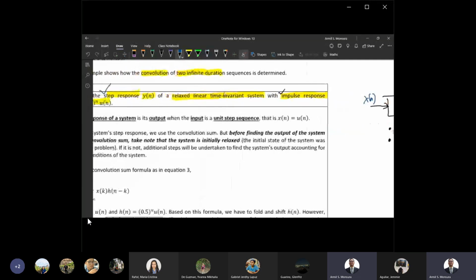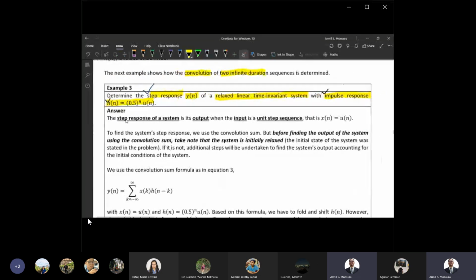Okay, ano yung step response? So we define the step response of a system as the system's output when the input is a unit step sequence.